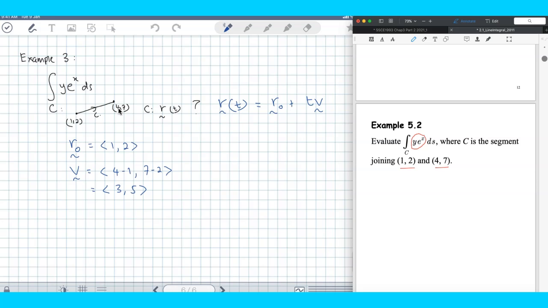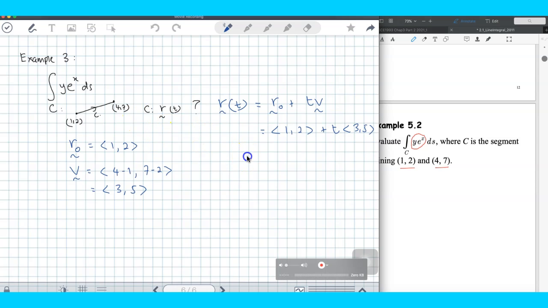So now we have r0 and v. We just put <1, 2> plus t times v, which is <3, 5>. This is very important. You will have the problem of finding the vector function of a straight line again and again along this course.